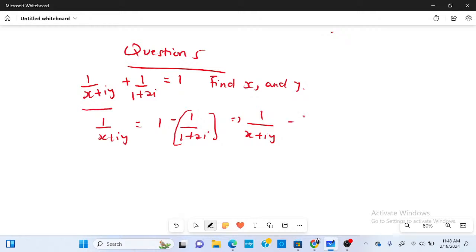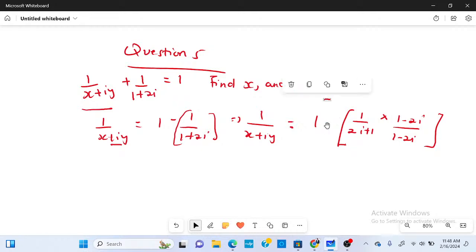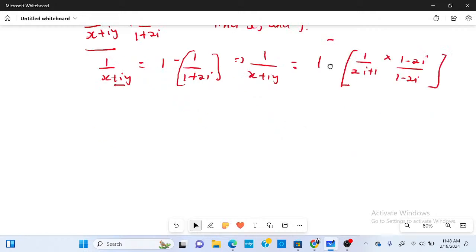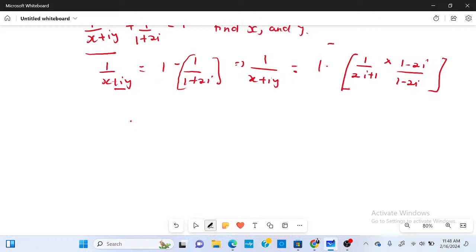So let's try that one. So 1 over x plus iy is equal to 1 minus the expression 1 over 1 plus 2i, times 1 minus 2i, that's the conjugate, over 1 minus 2i. So at this point, see what you are going to do.